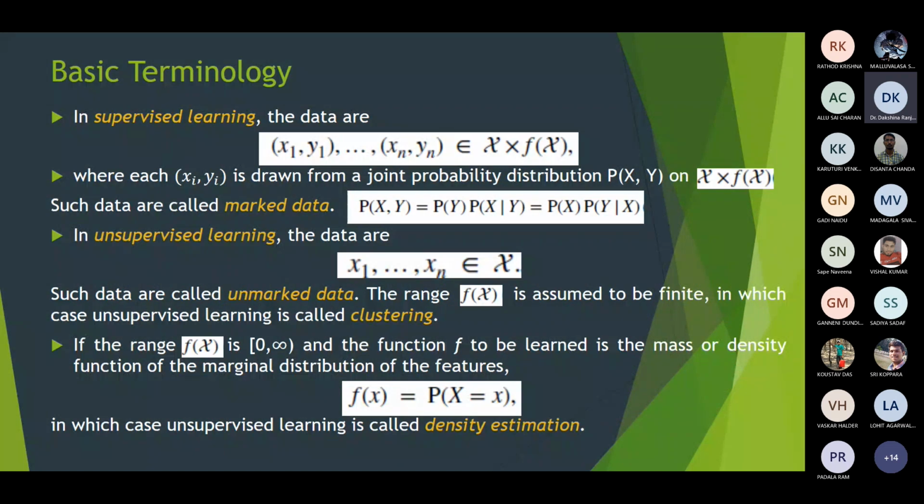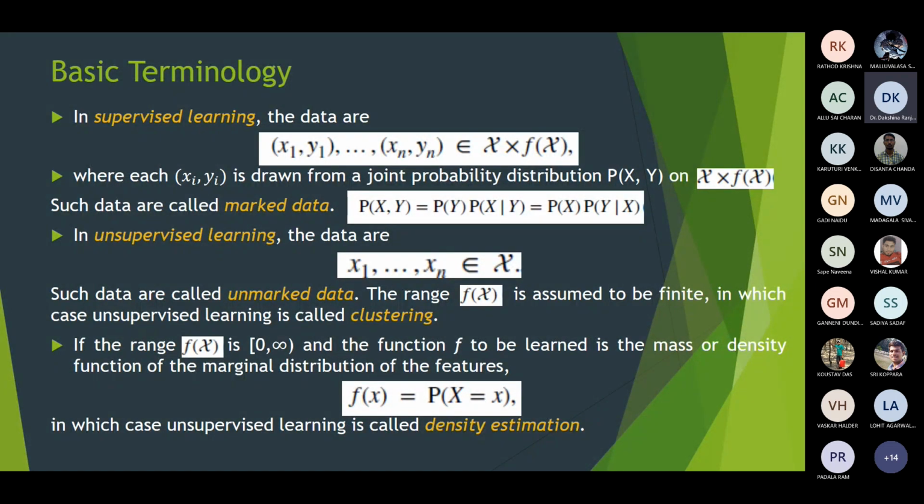Now in supervised learning, the data which are arranged in the feature vector belong to the feature space, which is approximated by the range.